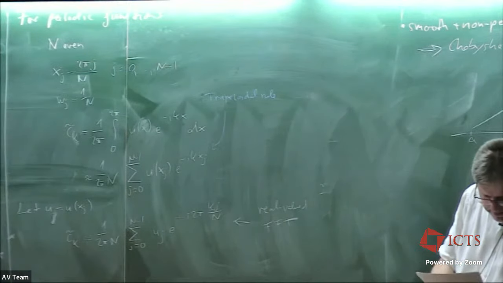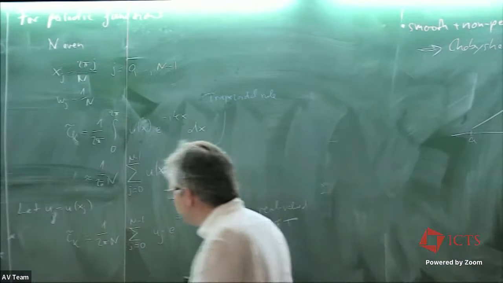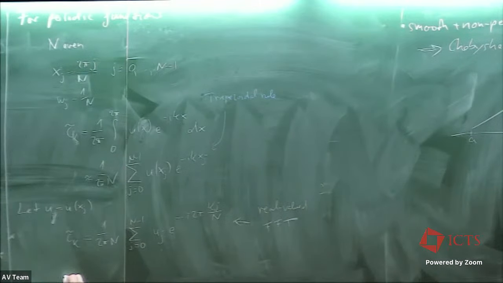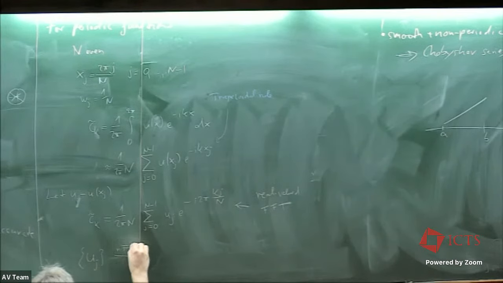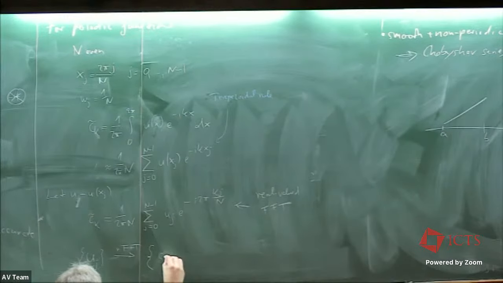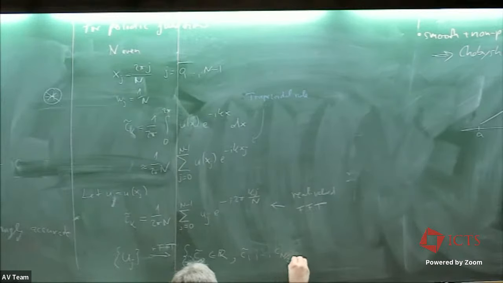And conversely, what this fast Fourier transform is going to do for us, it will take the grid point values uj and the RFFT will turn it into the spectral coefficients. So the 0th one is a real number. C1 to C n over 2 minus 1 are complex numbers.